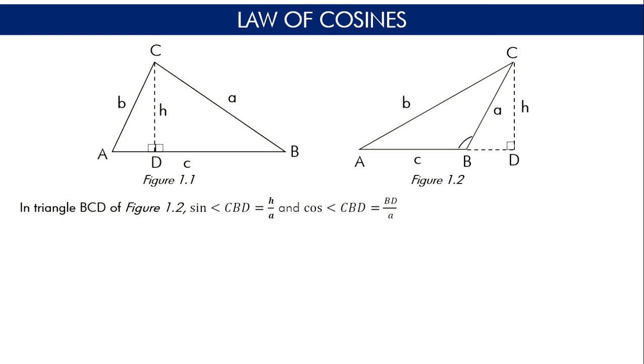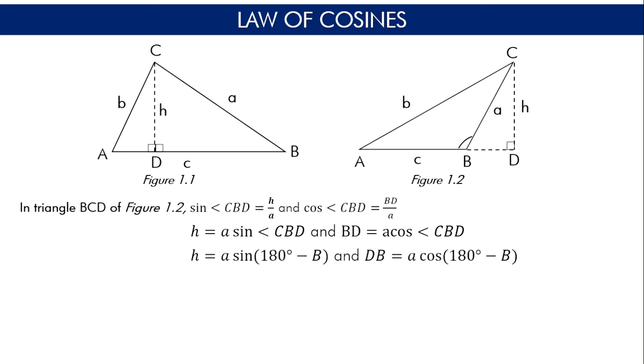Then let's manipulate that. Cross multiply, and we'll have h is equal to a sine of angle CBD, and BD is equal to a cosine of angle CBD. We know earlier that angle CBD is the supplement, so that is 180 degrees minus B for this angle.